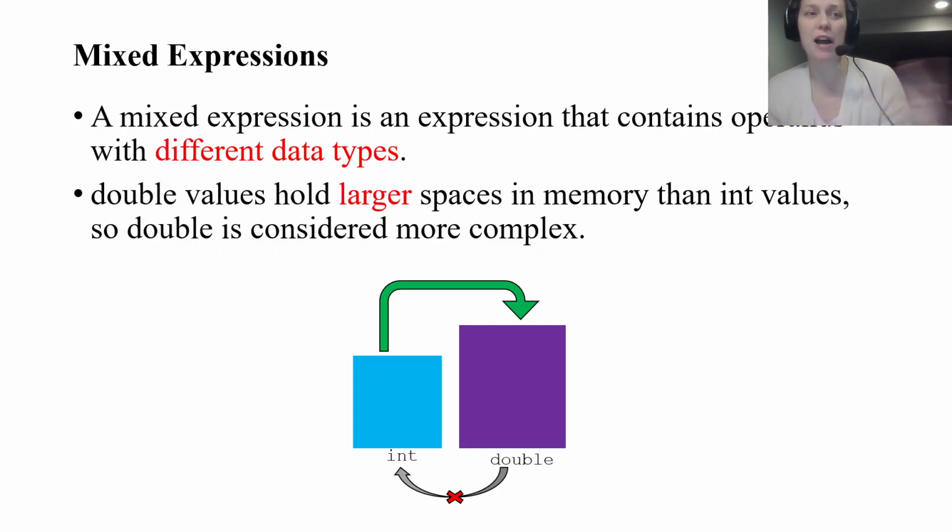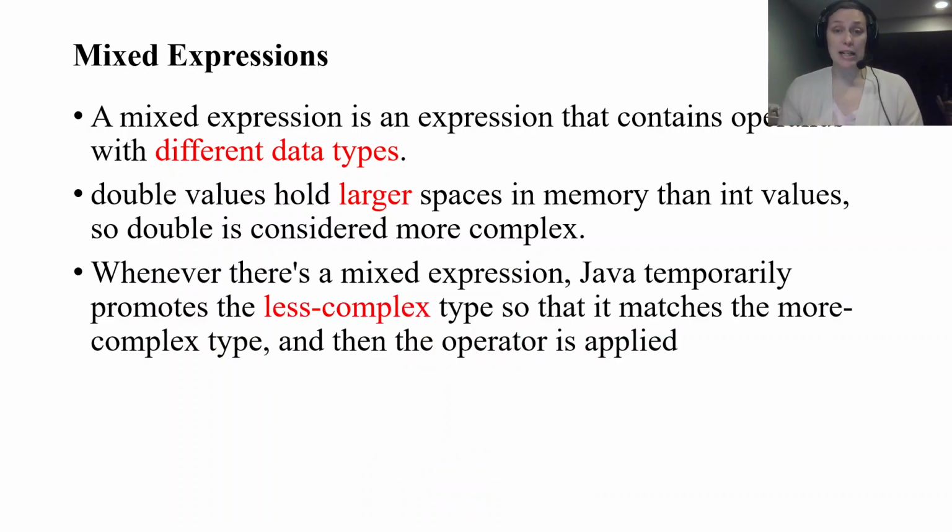I have that visual from a previous lesson to remind you. When there's a mixed expression, Java will temporarily promote the less complex type so that it matches the more complex type, and then the operator is applied.